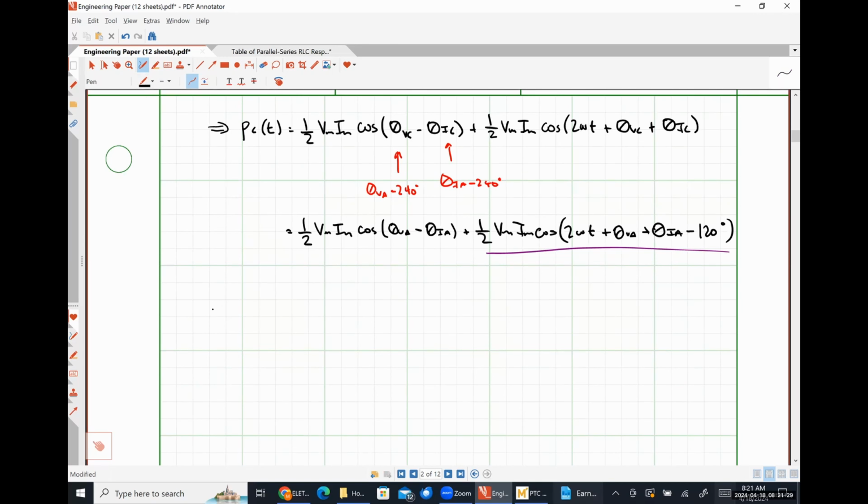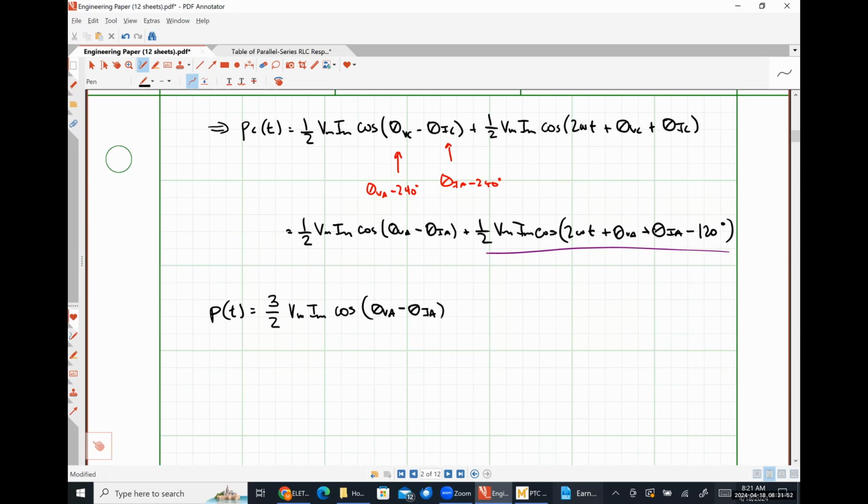So our instantaneous power absorbed by our three-phase load is just 3/2 times the magnitude of the voltage times the magnitude of the current times the cosine of theta VA minus theta IA.